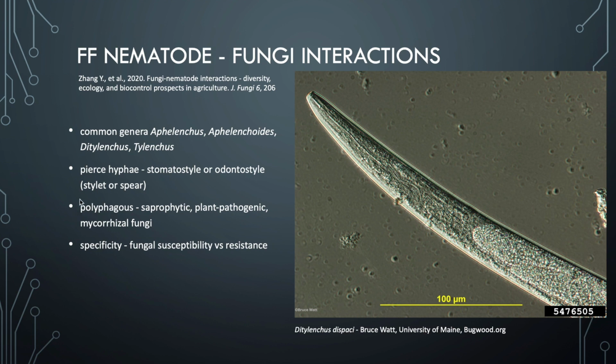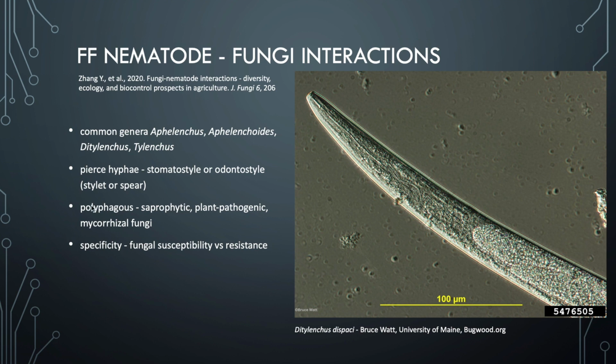The nematodes are usually polyphagous, so that means that they will feed on various types of fungi, including saprophytic or saprotrophic fungi, those that decompose organic matter, plant pathogenic fungi, so pathogens of plants, and of course mycorrhizal fungi as well.